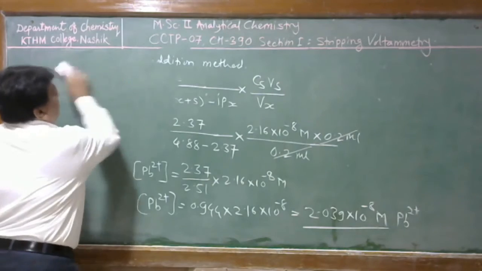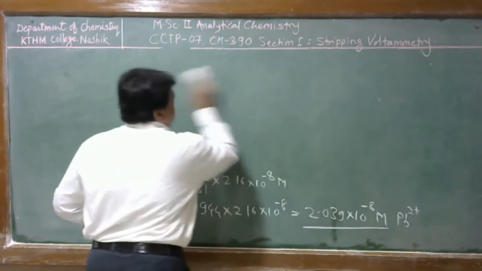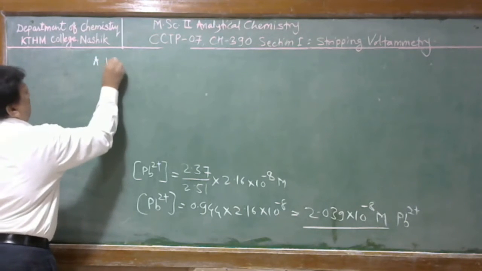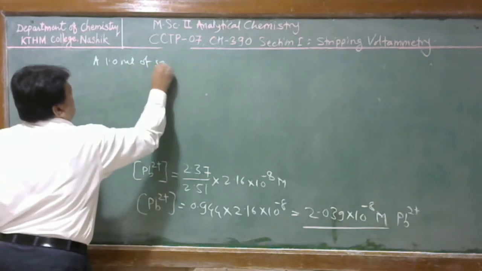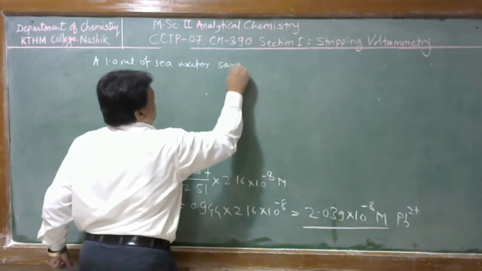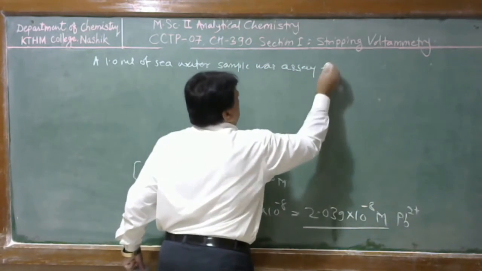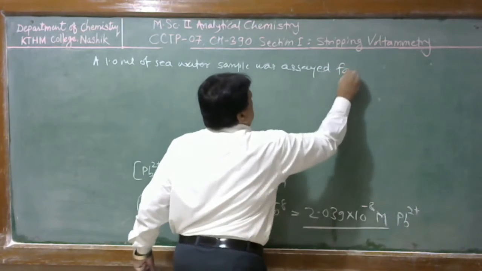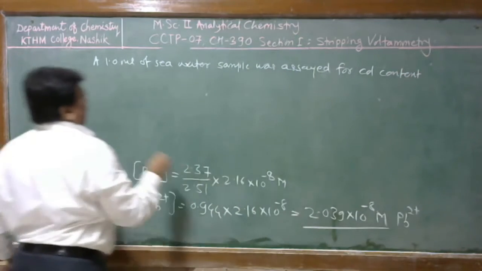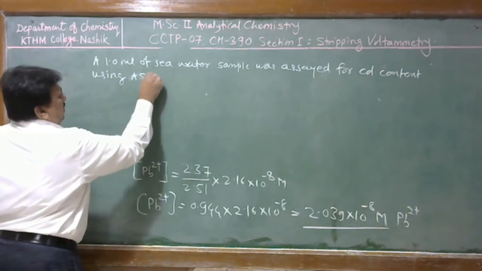Student, now we solve the next problem based on anodic stripping voltammetry, that is determination of cadmium in a seawater sample. A 1.0 ml seawater sample was assayed for the cadmium content using anodic stripping voltammetry.